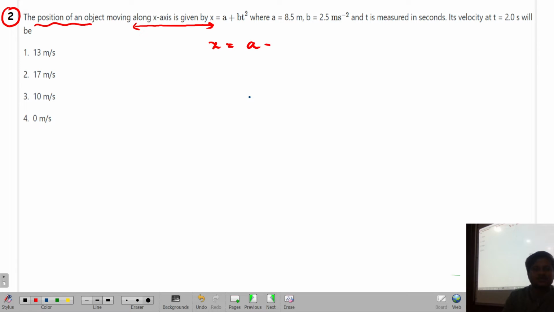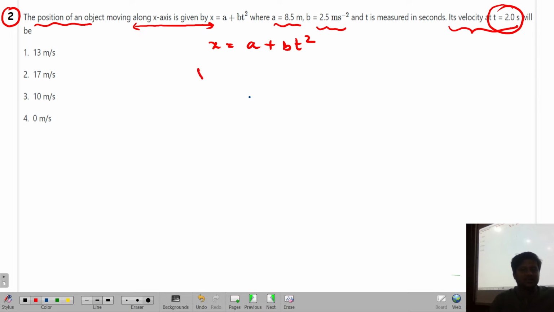On the RHS, time is there, so no need to change it; it is already given that x is x of t, where a has value 8.5 and b is given as 2.5. It is asking for velocity at what time? You have to calculate the velocity of the particle when the time is equal to 2.0 second. Yes or no?